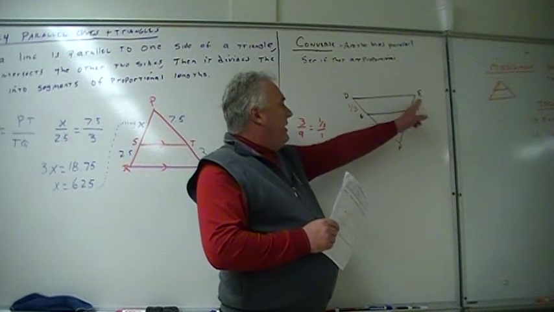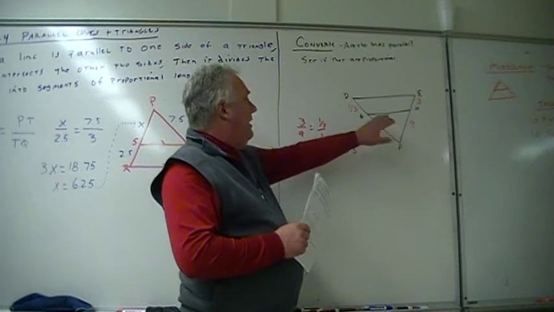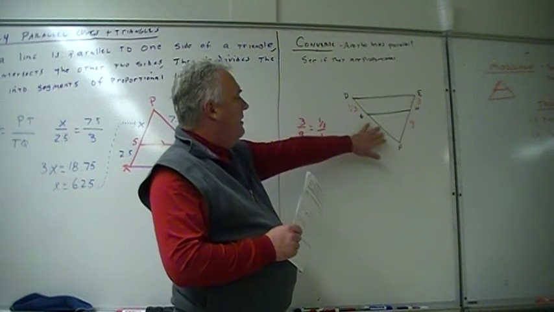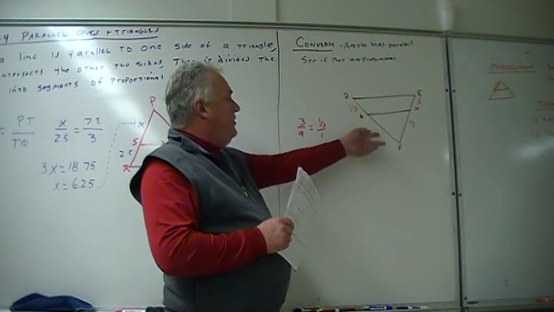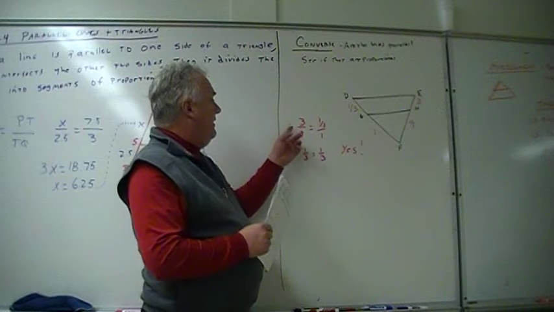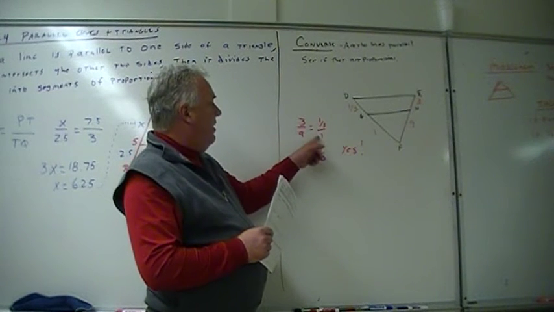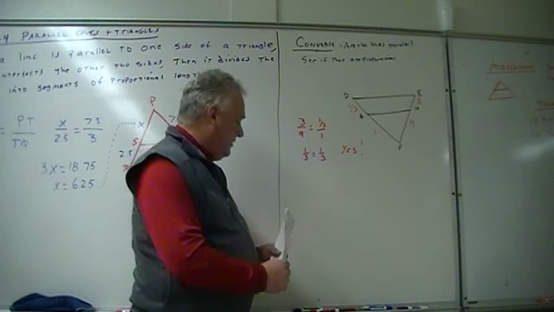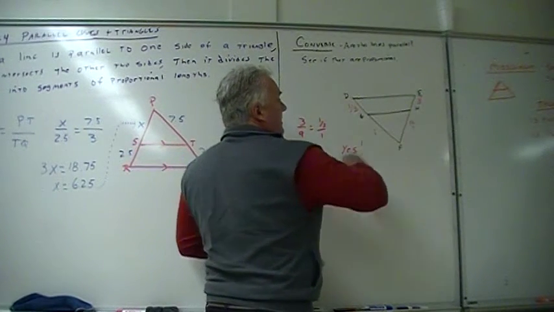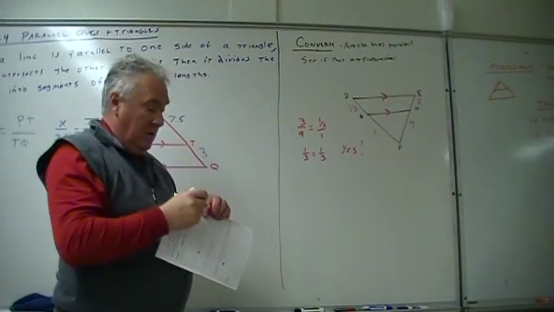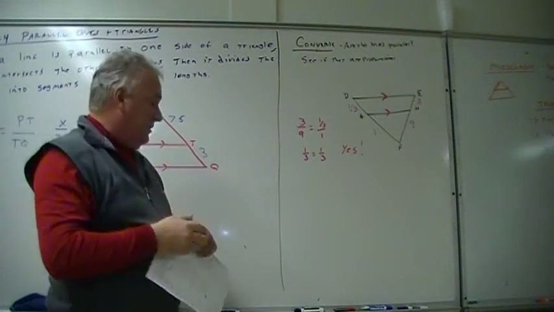This length is 3, this length is 9. This length is 1/3 of this length, 1/3 of GF. So we set it up. 3 to 9, 1/3 to 1. 1/3 is 1/3. So yes, we can say that these two lines are parallel. Okay, so that's the converse.